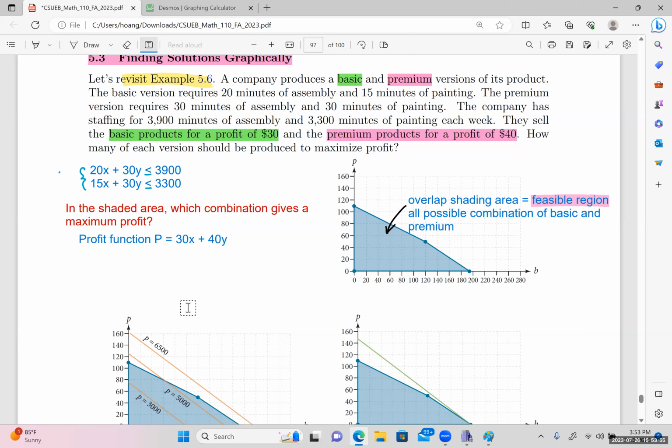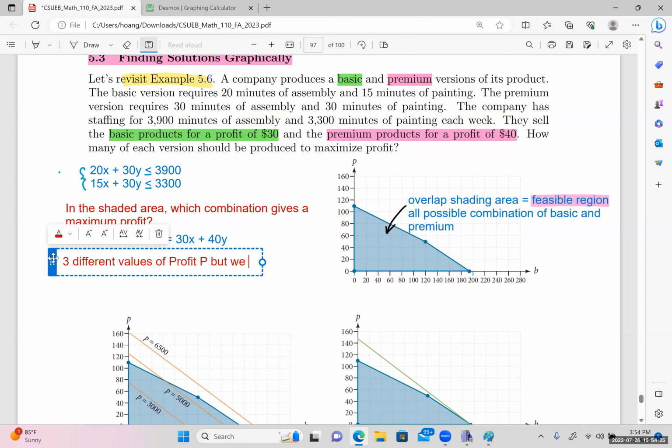So there are three different values of profit P, but we need to be in the feasible region.